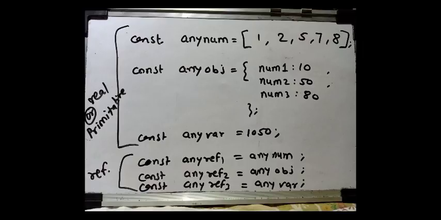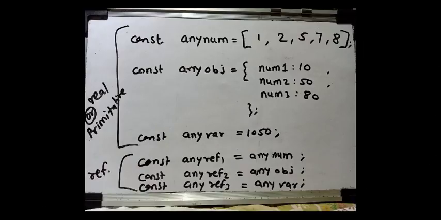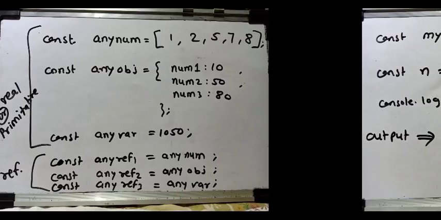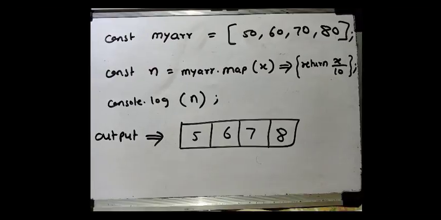The values are within any_num, and anyref1 is just pointing to the location of any_num. Similarly, anyref2 is pointing to the location of the object, and anyref3 is a reference pointing to the location of anyvar. In this way a reference variable is created.